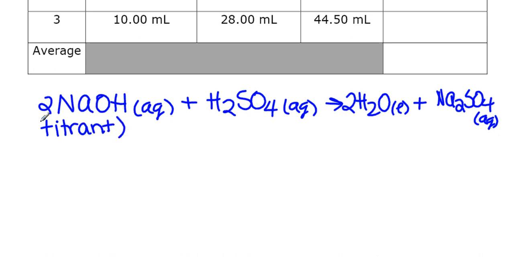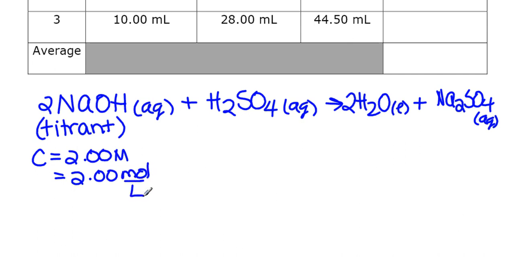This is what's going in the burette. We know the concentration of it was 2 moles per liter. And if you like better just writing moles per liter, you can also write that. Then we have sulfuric acid.